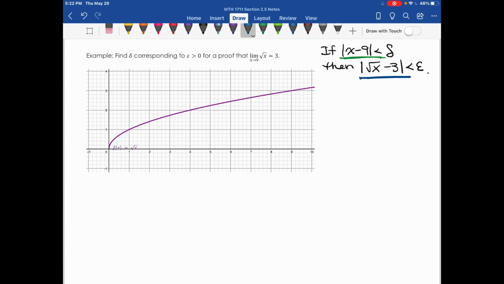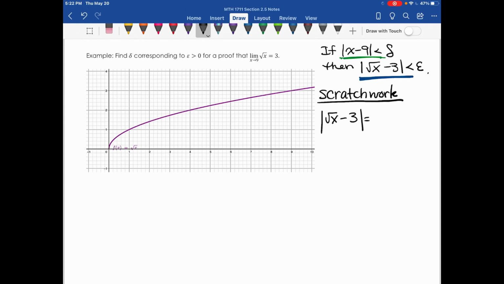So we're going to assume this and show this. Okay, so we're going to start by writing some scratch work. So we're going to start with the square root of x minus 3.